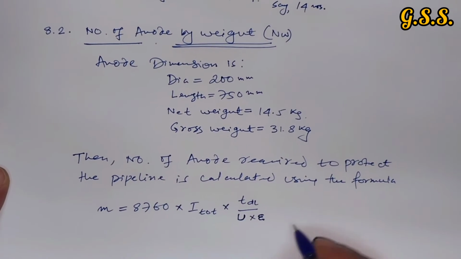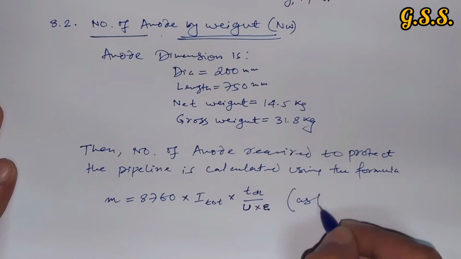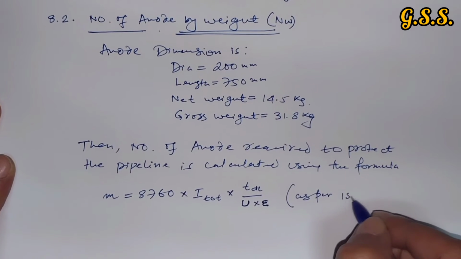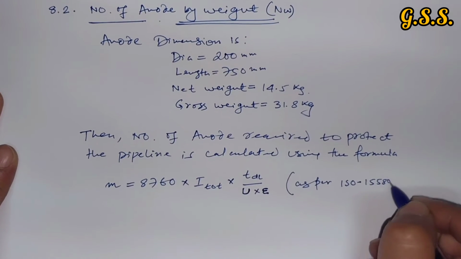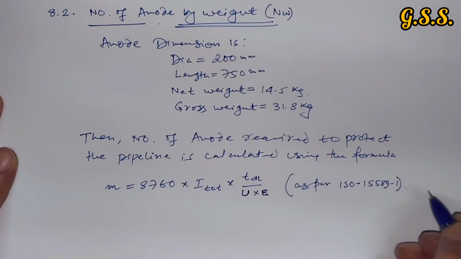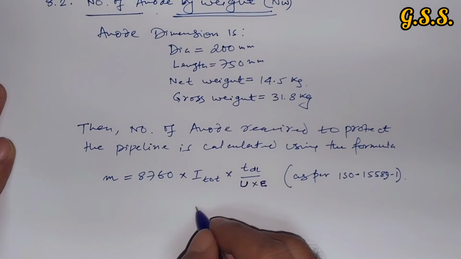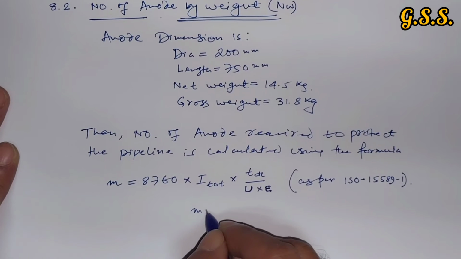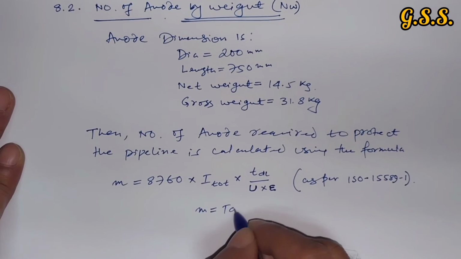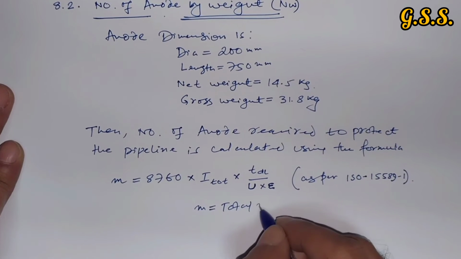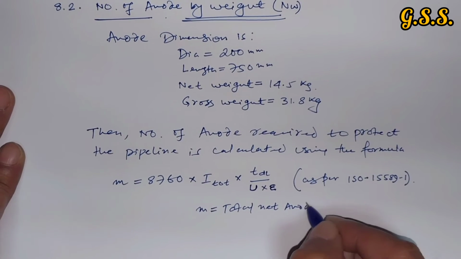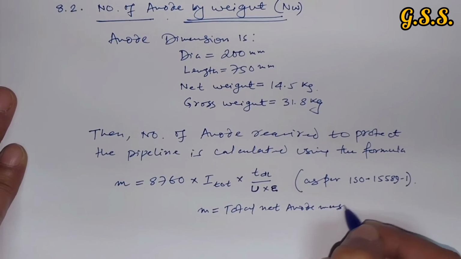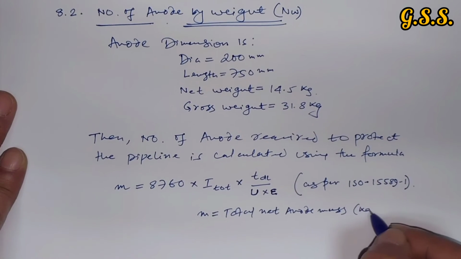This equation is as per ISO 15589 part 1, where M equals total net anode mass in kg.